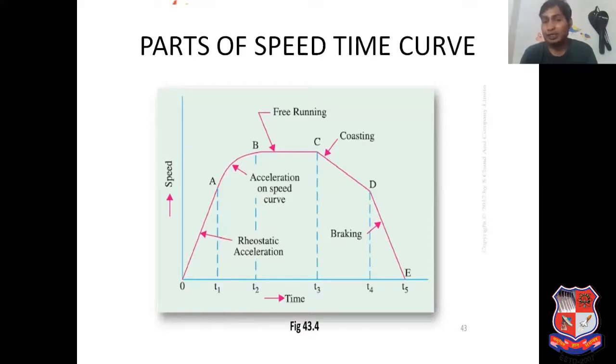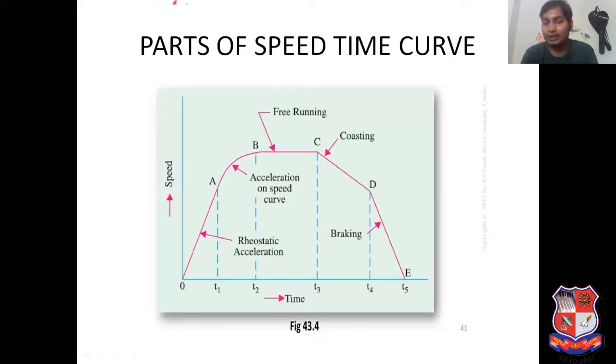Then after a certain point, the acceleration will remain positive, but it will decrease towards zero. That's why speed will increase, but not that much faster as earlier. So ultimately speed will become constant somewhere. So this duration 0 to t1 is known as constant acceleration duration.